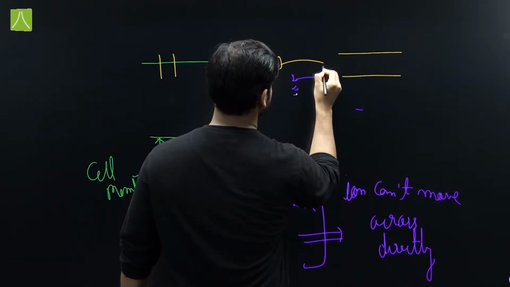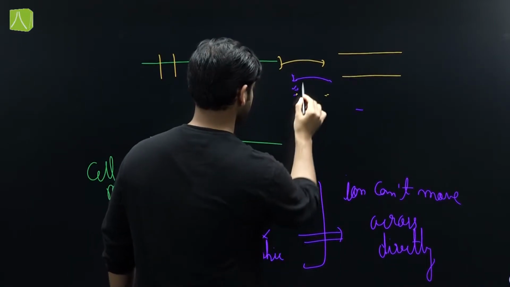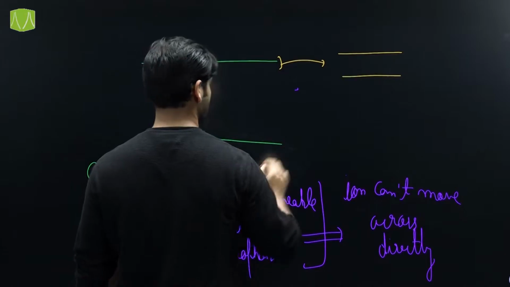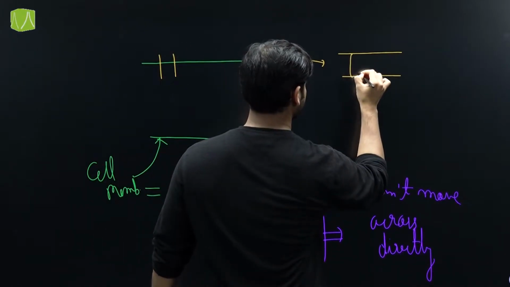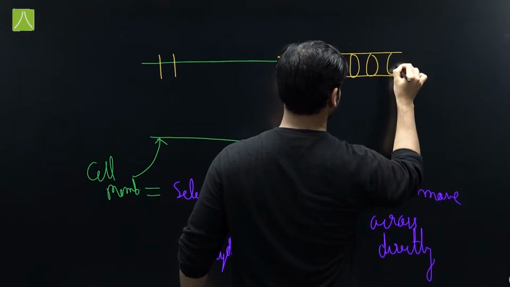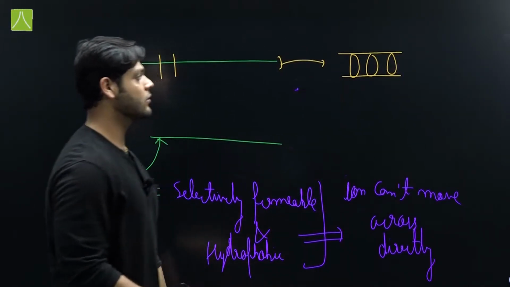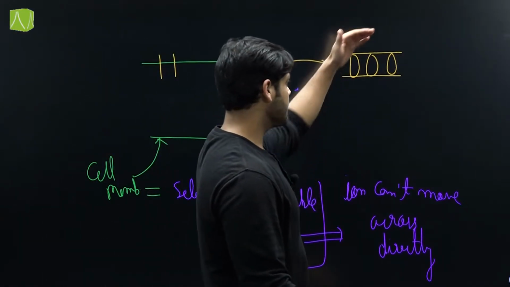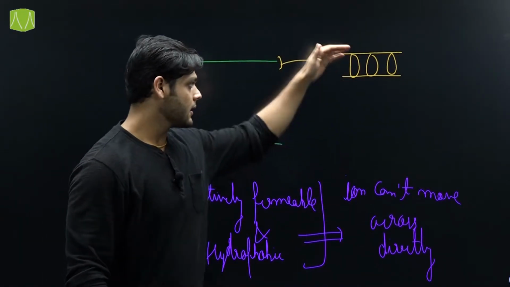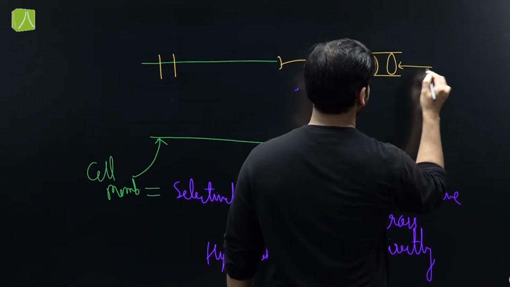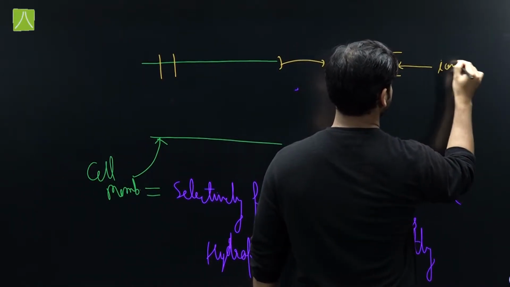If I zoom this layer, these are some integral proteins. This yellow color protein is shown here also. These integral proteins make some channels, and by these channels ions can come inside or go outside from the inside, and these are called ion channels.